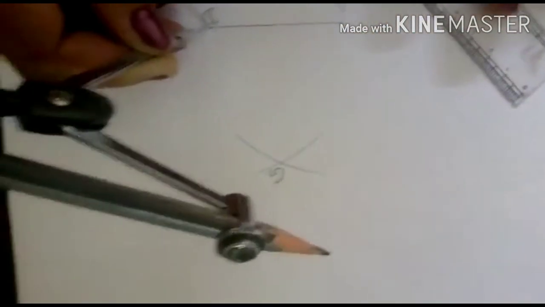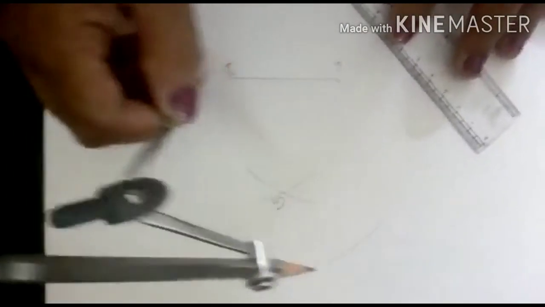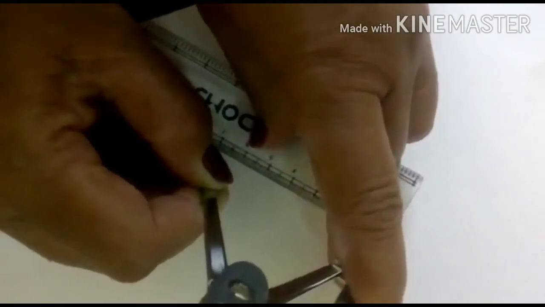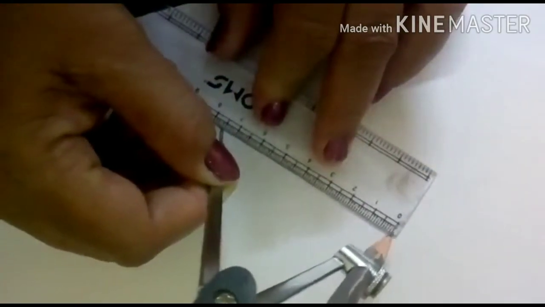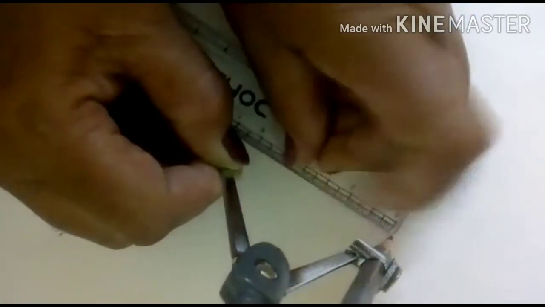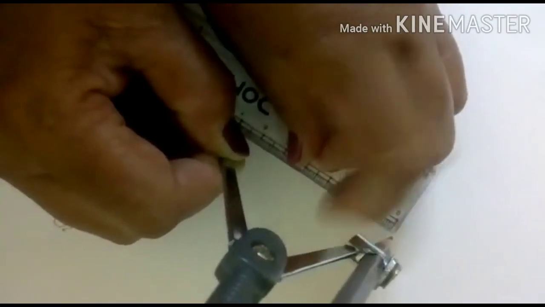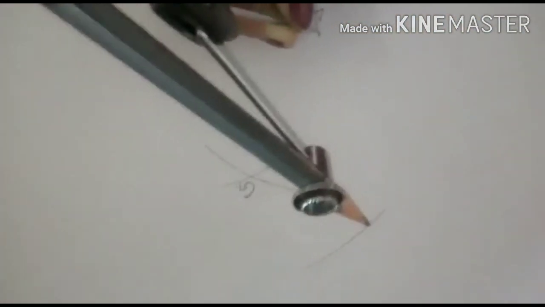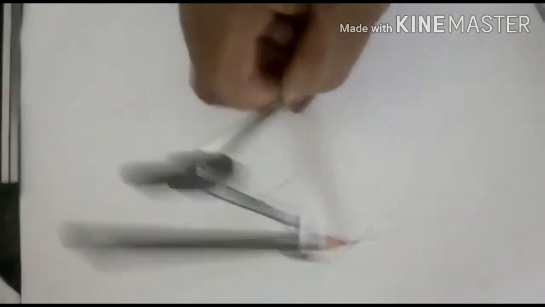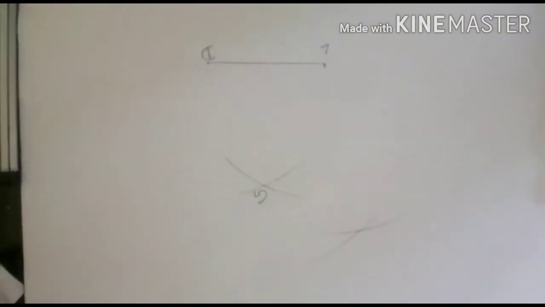From here take the arc of 10 centimeter, and from point L take the measurement of 7.5 and draw the arc. From here 7.5. So this will be the point O.